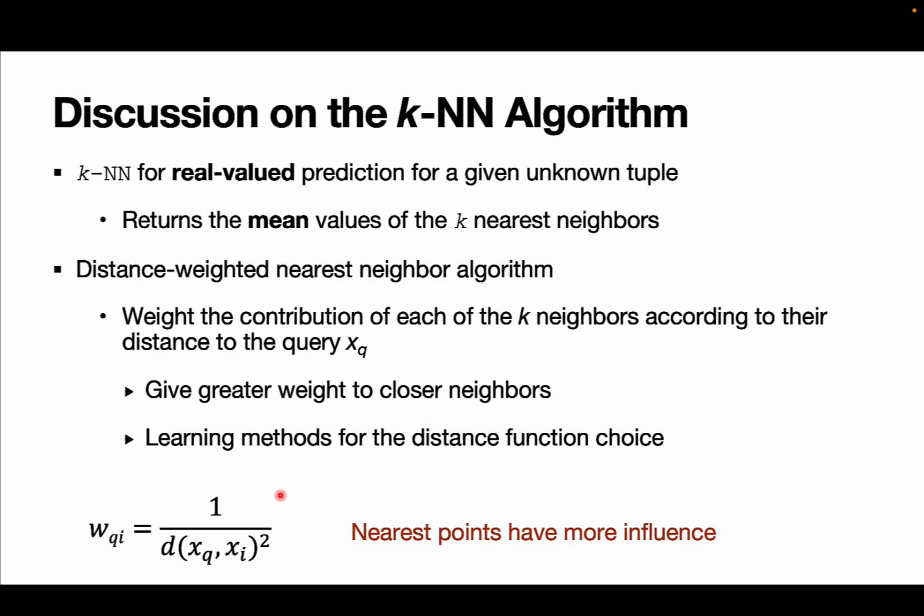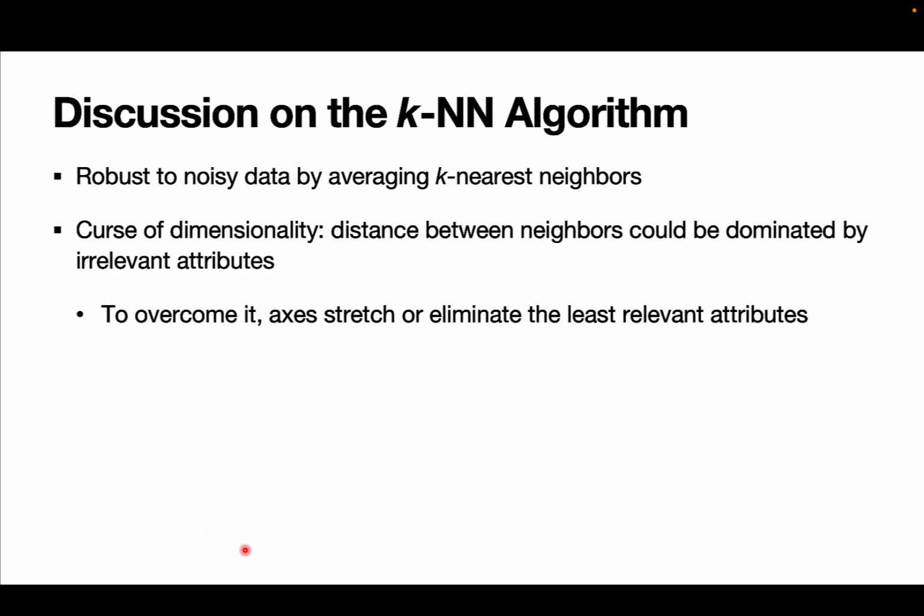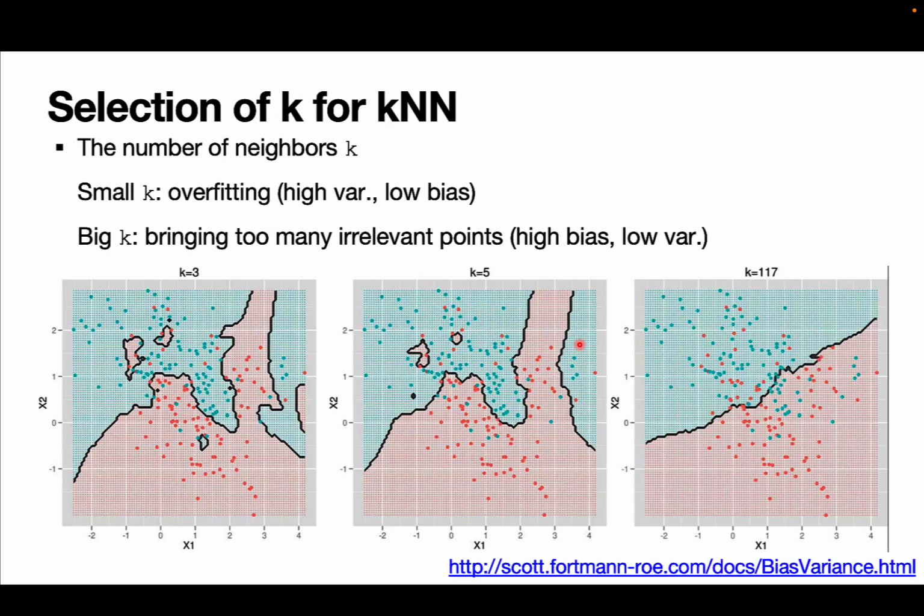That's why you see weight definitions in the form of 1 over d or even 1 over d squared. KNN is robust to noisy data by averaging the k-nearest neighbors. To overcome the curse of dimensionality, we can do a form of dimensionality reduction by eliminating the least relevant attributes.